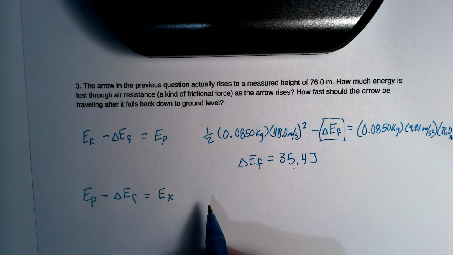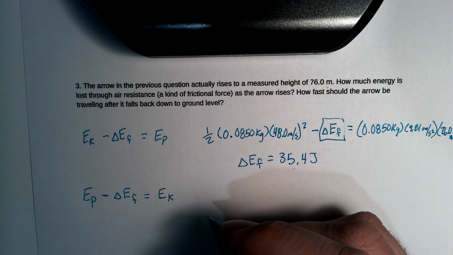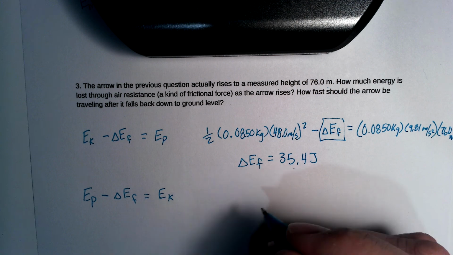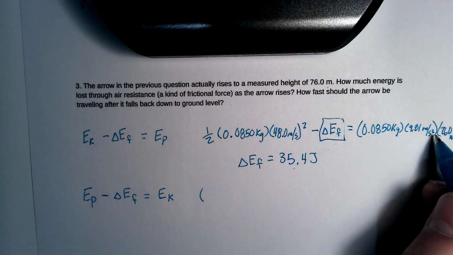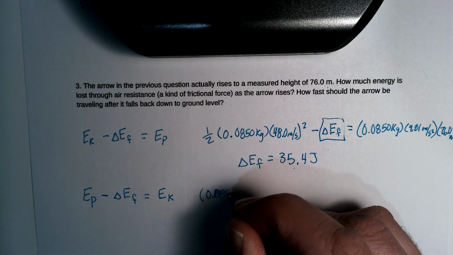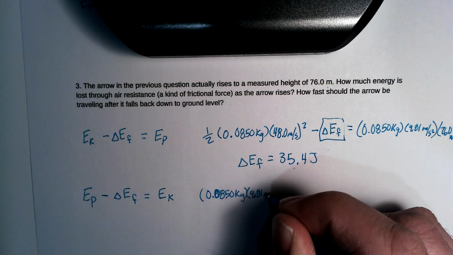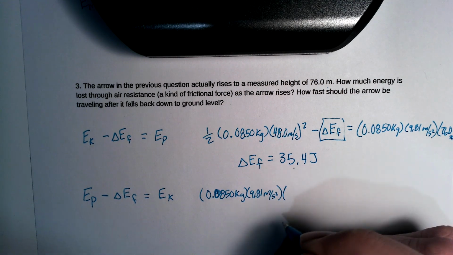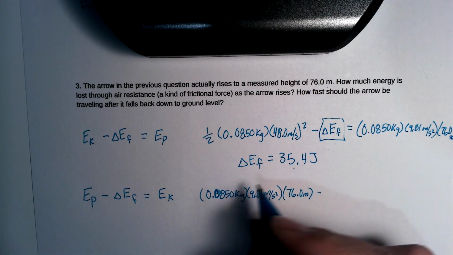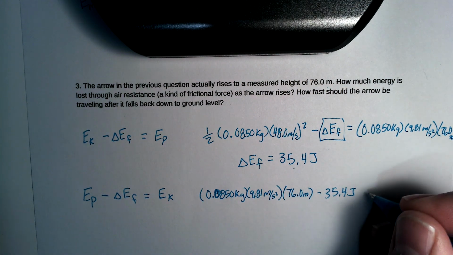Now we can put our numbers in. So we know our EP is equal to 0.0850 kilograms times 9.81 times 76.0 meters, minus 35.4 joules. I rounded it, but you should use the whole number in this case.